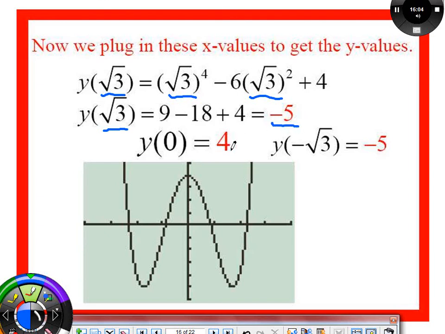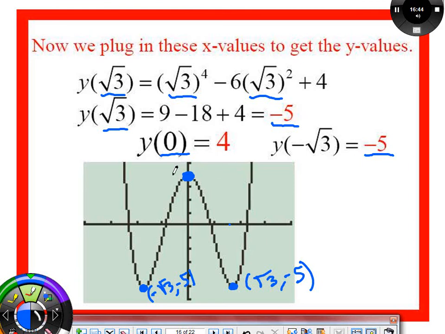When you plug in radical 3, you get -5. So that's right here: radical 3, -5. And then you can use symmetry. If you recognize that this was an even function, then this would be the point negative radical 3, comma, -5. And then for this point, when you plug in a 0 into the function, you get 4.